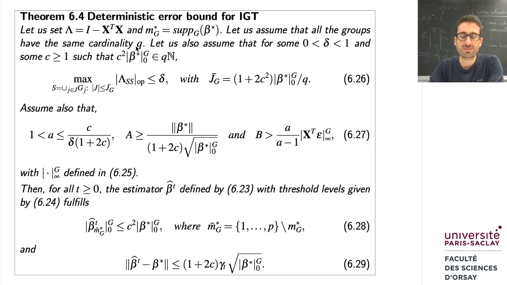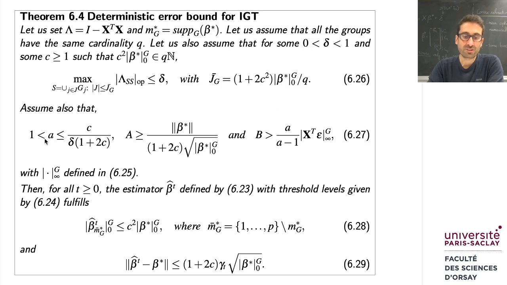For simplicity, we assume that all the groups have the same cardinality, equal to Q. This will simplify the analysis. We have this condition, which is exactly the same condition as 6.10, but in our setting. We look at supports which are unions of groups, with not too many groups.